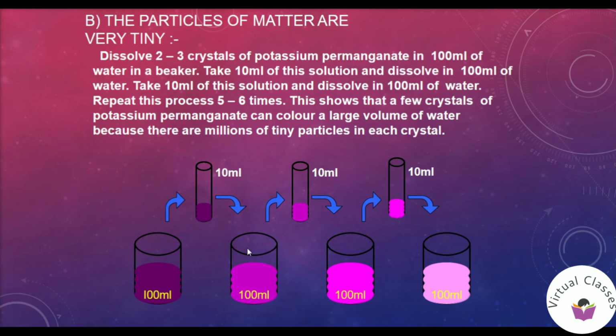Take 10 ml of this solution again and dissolve it in 100 ml of water. Repeat this process 5-6 times. This shows that a few crystals of potassium permanganate can color a large volume of water because there are millions of tiny particles in each crystal.